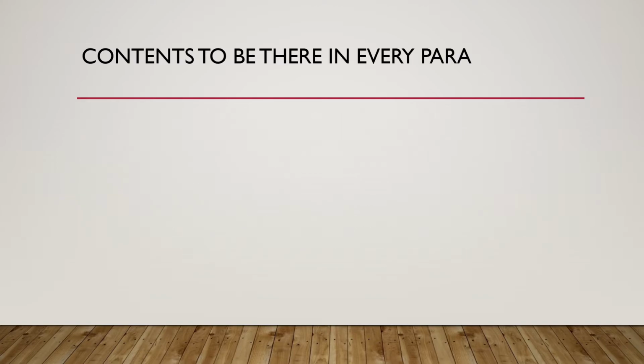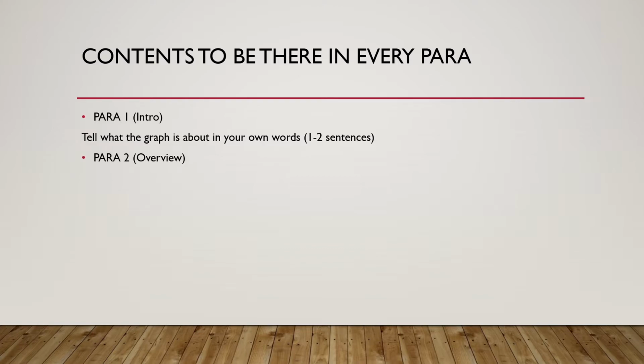The content to be there in each paragraph is: para 1 is the intro part. You have to give a general thought about what comes to your mind about the graph. In para 2, the overview is very important for high grades. I'm repeating it again and again. Mention the highest and lowest without the actual numbers.